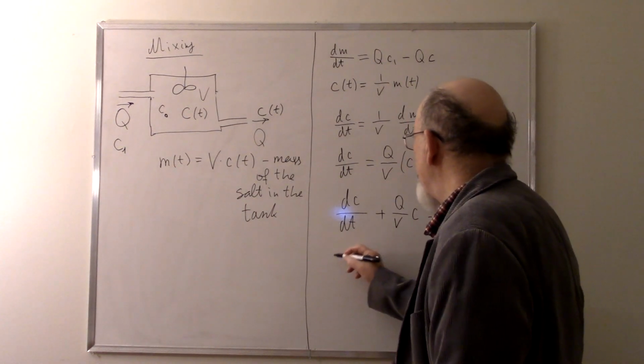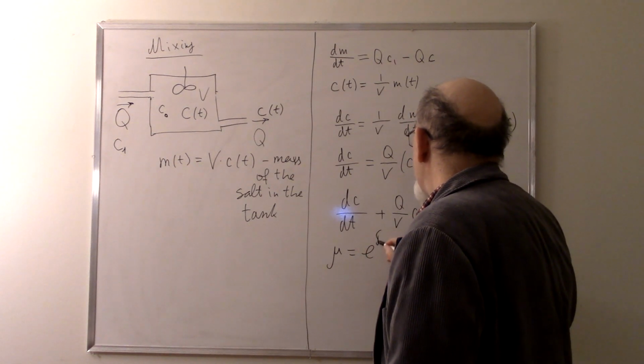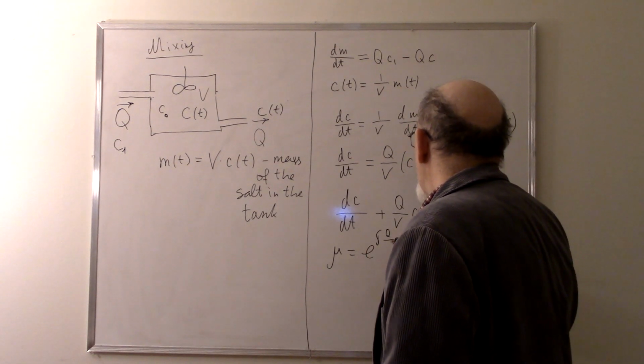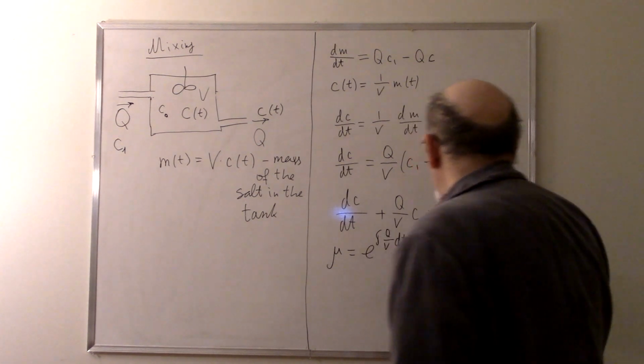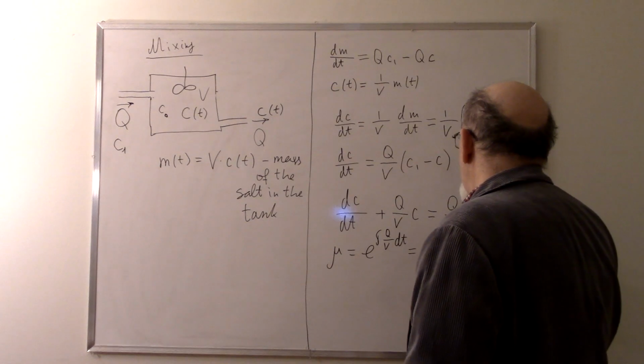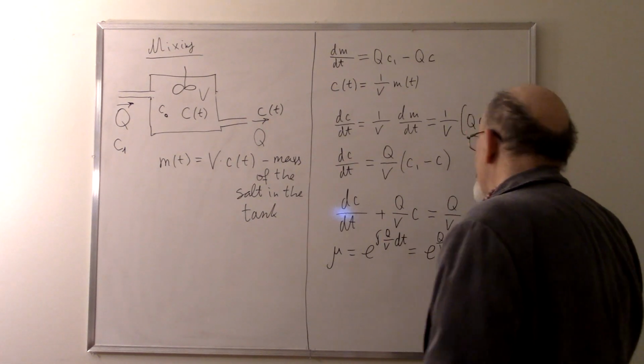Now the integrating factor is e to the power of the integral of Q over V dt, which equals e to the power Q over V t.